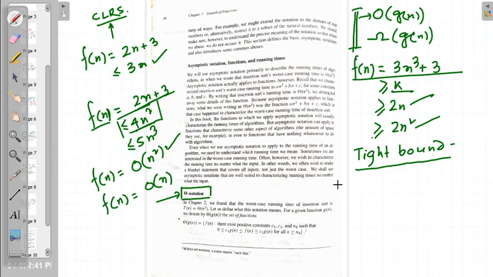Okay, the definition. So first of all, take our favorite example 2n plus 3. Now you see this will be having this condition getting satisfied, f(n) less than or equal to c2 times g(n).